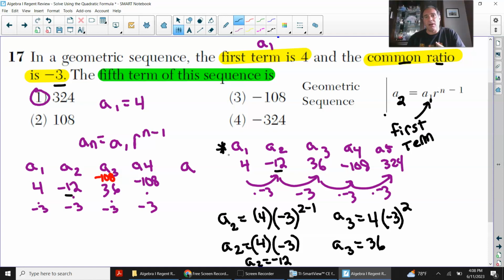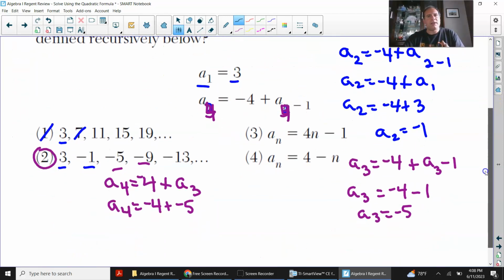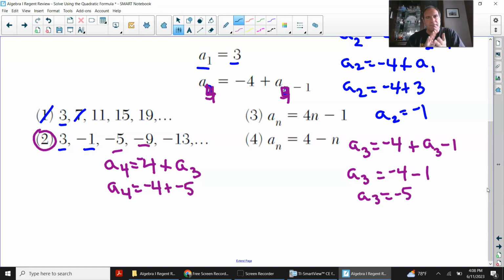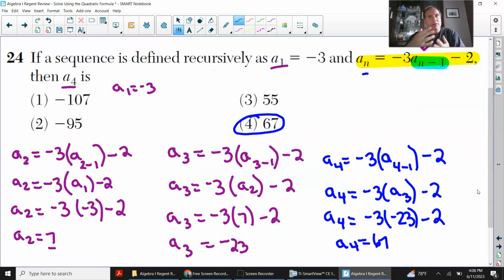They're there. For the recursive formula, they give you that recursive sequence. They give it to you all of the time. Write it down like I did. Just making sure. Okay, ask yourself, define n. N is what I'm looking for.